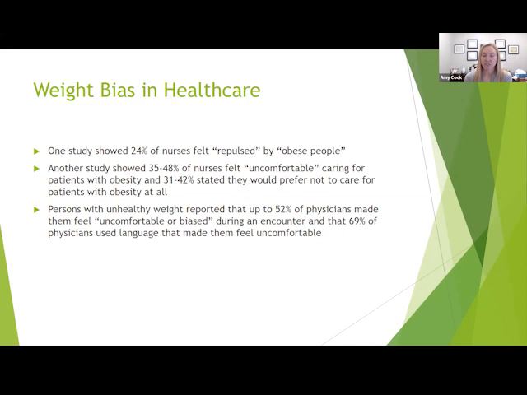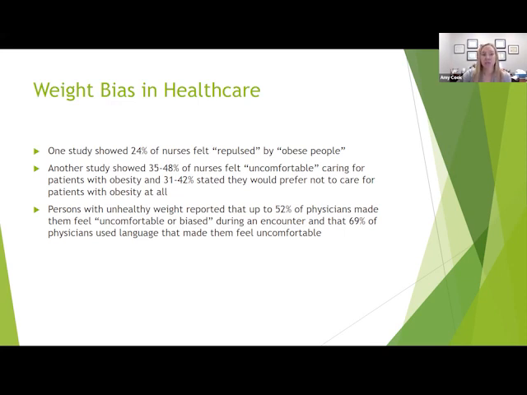As for physicians, about 50% or half have made patients feel uncomfortable or biased during an encounter, and upwards of 70% of physicians have used language that makes patients uncomfortable. And I'll have to admit that before recognizing bias, I was guilty of it myself too.